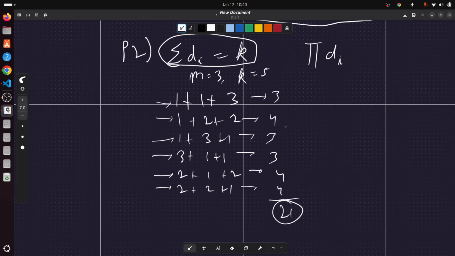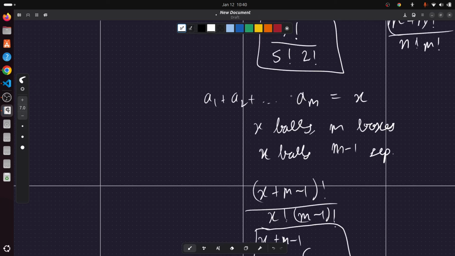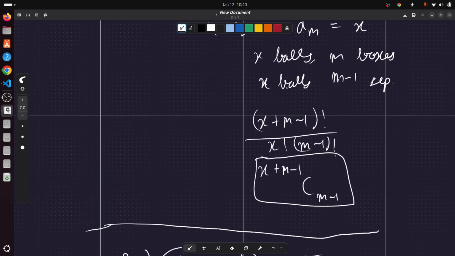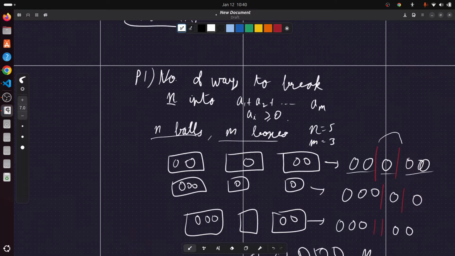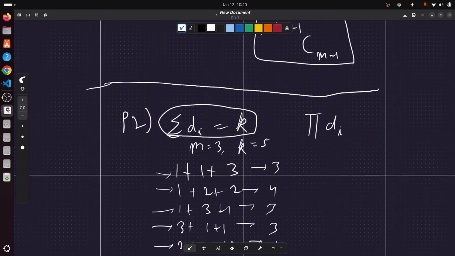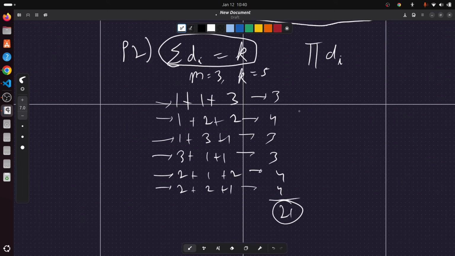For each way of breaking in the above problem, we wanted to count the number of ways to break this n. So for each way of breaking you are adding 1.